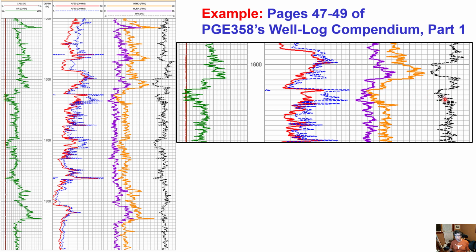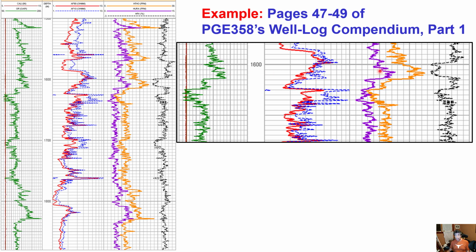In other words, correlate. If one decreases, the other two decrease. But see, what happens over here in the section that is just below 1600? We see that the gamma ray log increases, but the resistivity increases. So that's counterintuitive. But then what happens here?